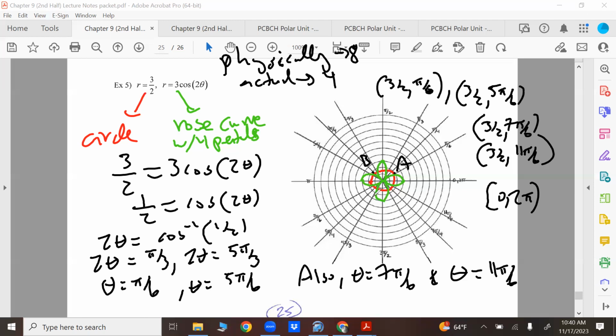We're working on 2 planes. What's real? What's actual? And that's going from 0 to 2 pi. So kind of weird how some physically don't show up algebraically.